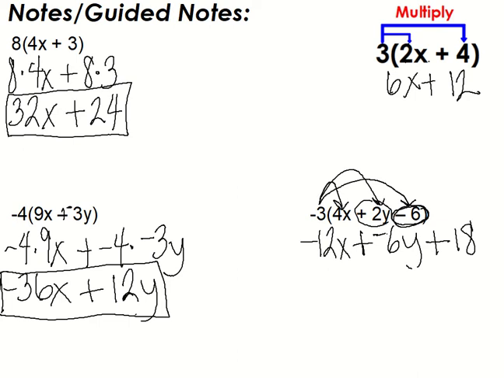So you can't lose your signs with this, just like we couldn't lose our signs when we were simplifying expressions in part 1. And then this will be our final answer, because x's can't go with y's, which can't go with no variables at all. So that's distributing. It's where you are multiplying to everything on the inside of our parentheses.